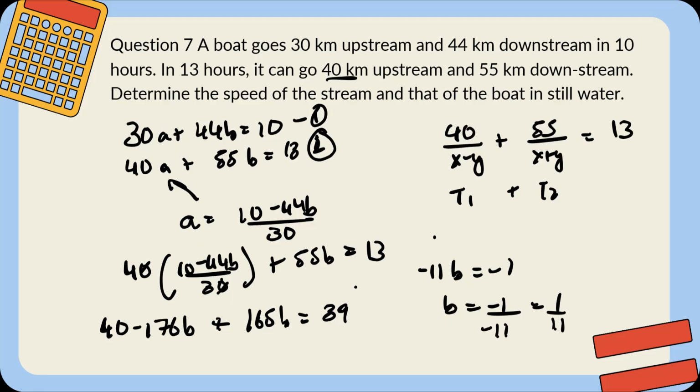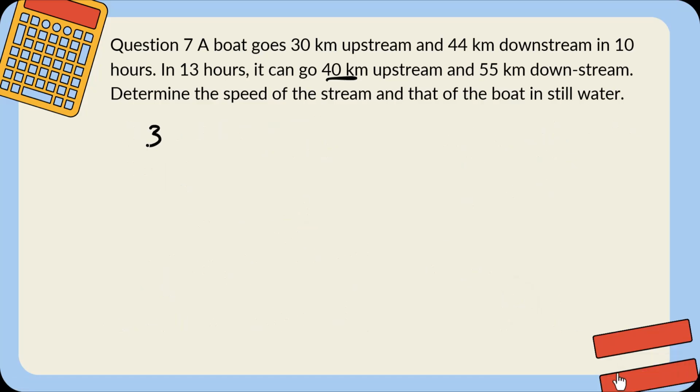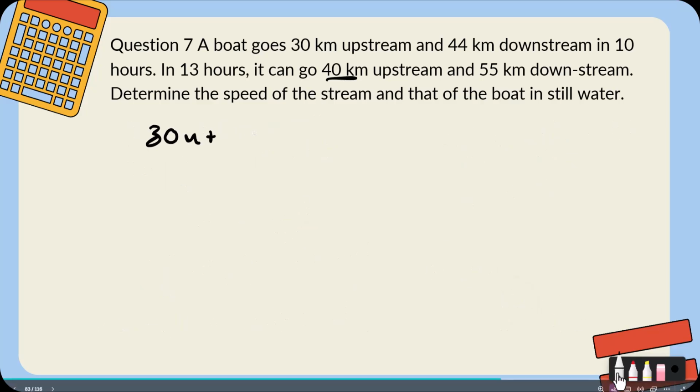Now what about a? We got b, so substitute back to get a. We have 30a plus 44b is equal to 10. So b is 1 by 11, and 44 times 1 by 11 is 4.